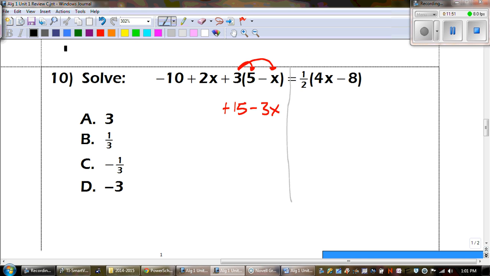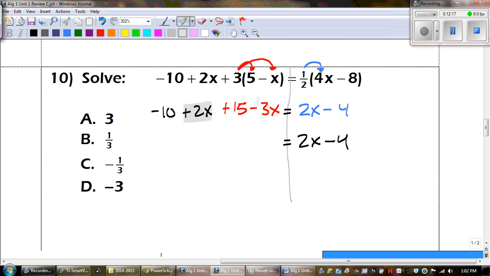Now, we bring down the negative 10 plus the 2x, and then once again, we have to distribute on the right side. 1/2 times 4x is 2x, and half of 8 is 4. So on the right side, there's nothing else to do, so I'm just going to write 2x minus 4.